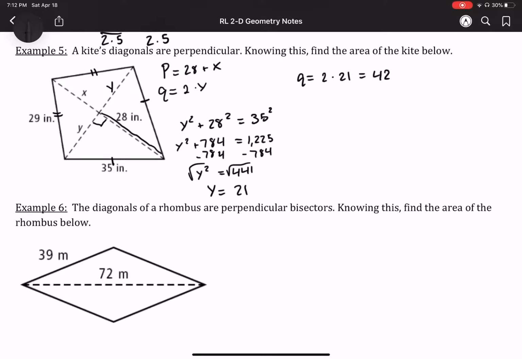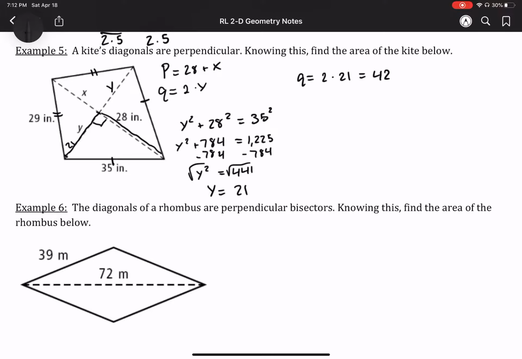All right, now I'm going to find my X so that I can find my total diagonal. In order to find X, we have to have already found Y, because that is what outlines our triangle. So I know that this distance here is 21 inches.